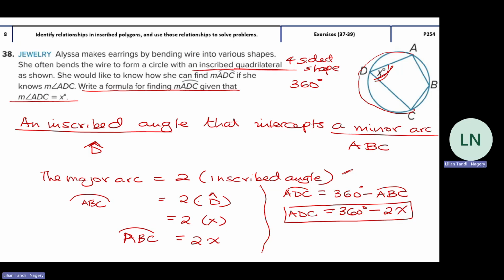Once you do that, you will subtract. So the formula to get arc ADC means you have found this. This is your 2x. And because this is your 2x, 2x plus ADC makes a circle, so you have to subtract from 360.